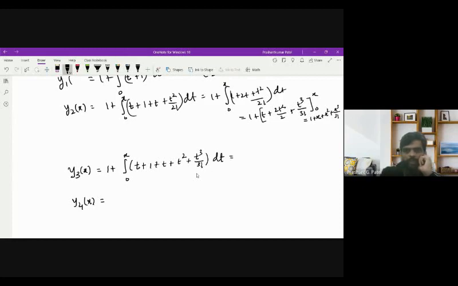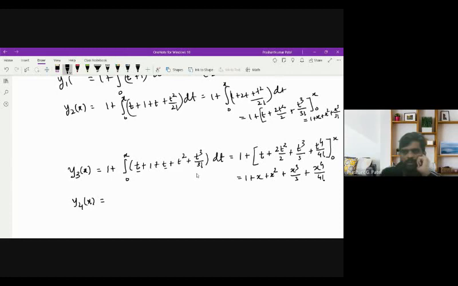Because it is t plus, t plus t is 2t. Integrate this: 1 + t + 2t square by 2 + 3t cube by 3 + t raised to 4 by 4 factorial, and the limit is 0 to x. So finally you will have 1 + x + x square + x cube by 3 + x power 4 by 4 factorial.